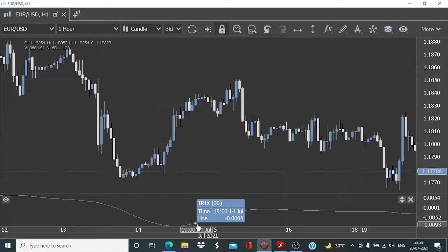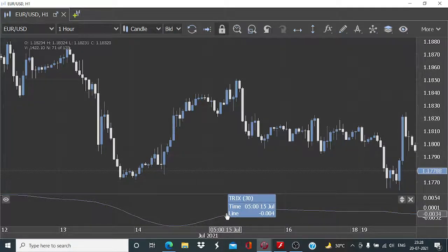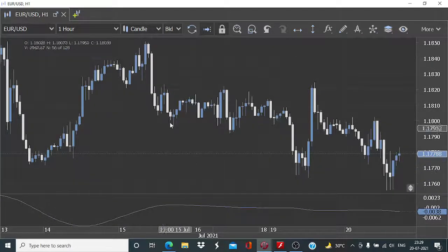And when the price was rising, the inclination was on the higher side, and as the price started to go into sideways movement with a bearish bias, we have this bearishness also evident in the plotting of the TRIX.